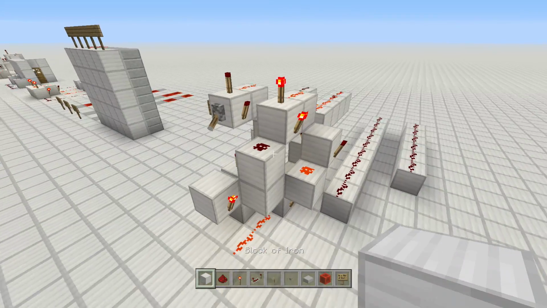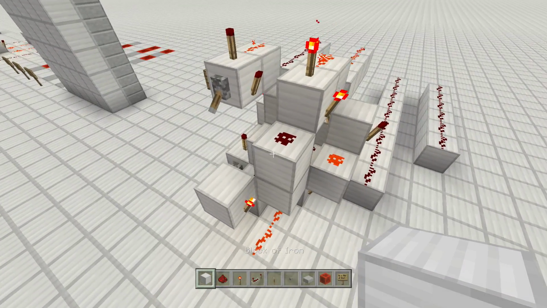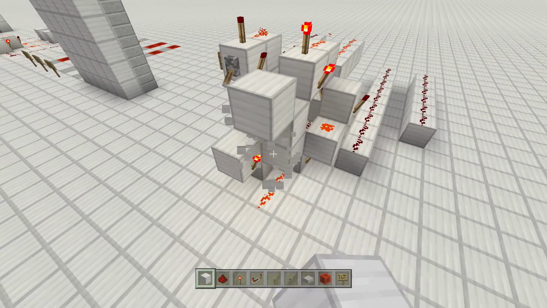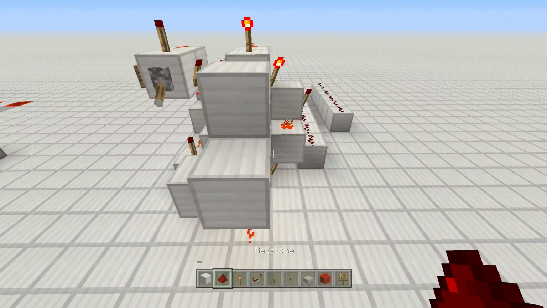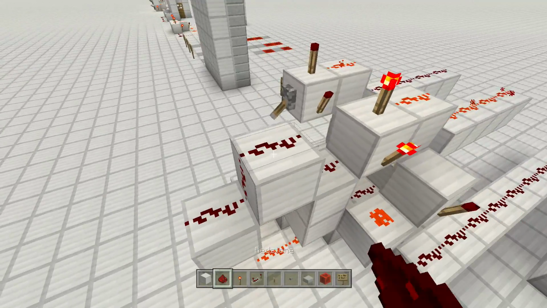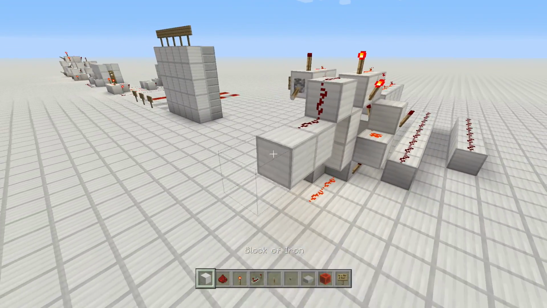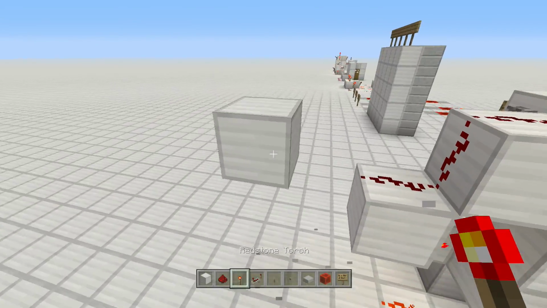I can't put a block here, so I'll put it on top. You guys will know why later I can't put a block there. And then this will just go like this along these lines.